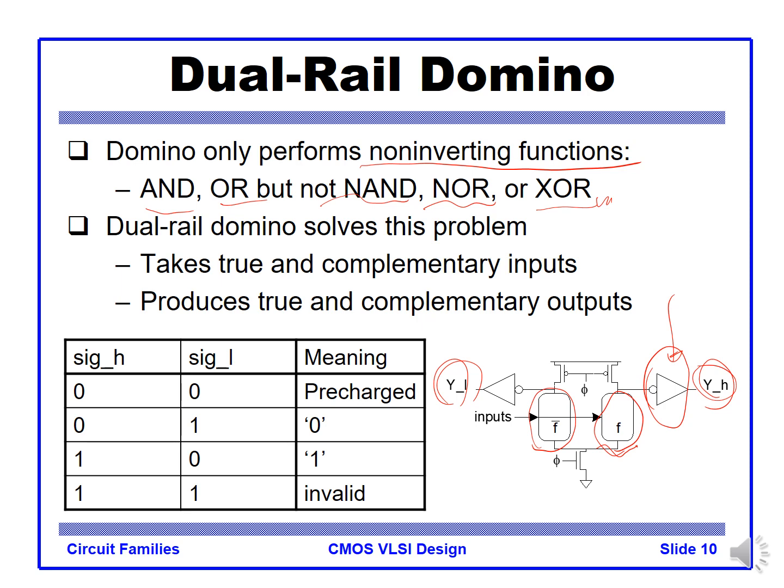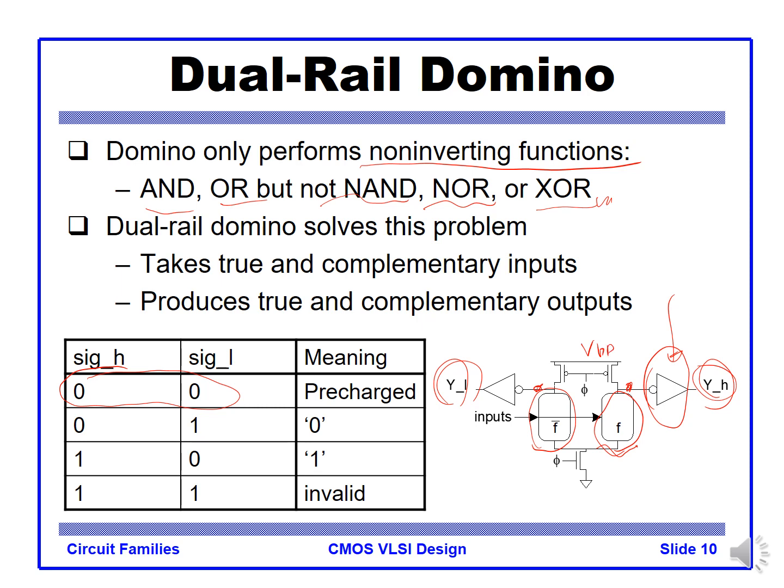So for example, signal high and signal low here. If the output goes to high, that is the precharge, because when the precharge happens, the internal load is charged to VDD and the inverter output will be 0.